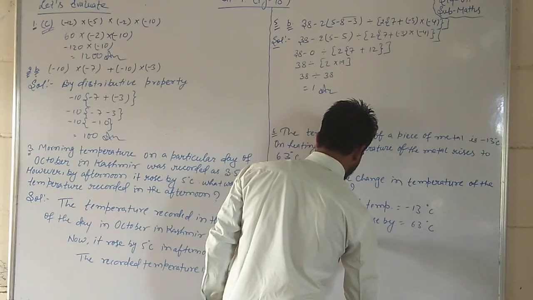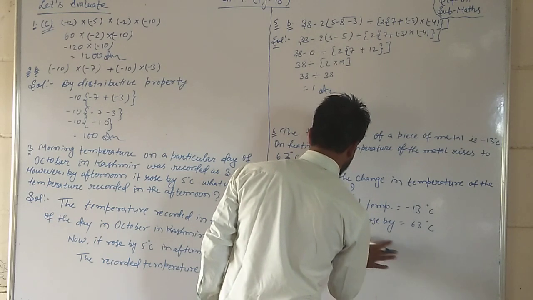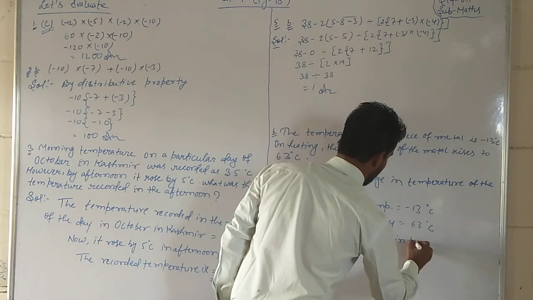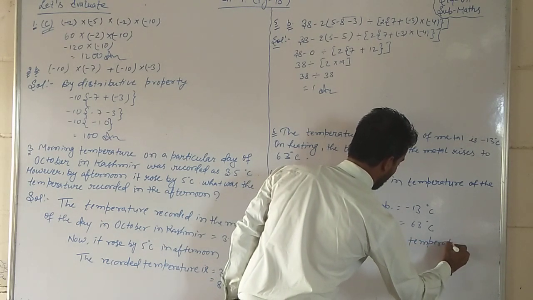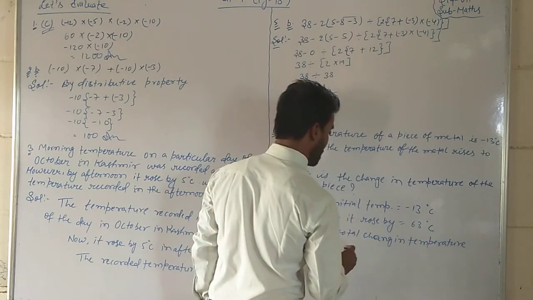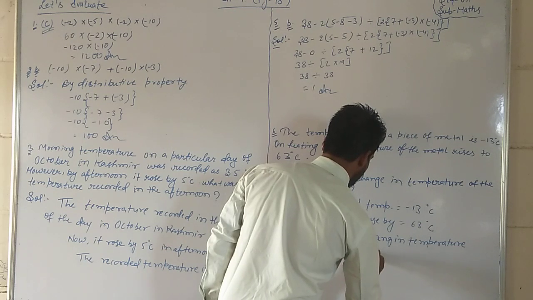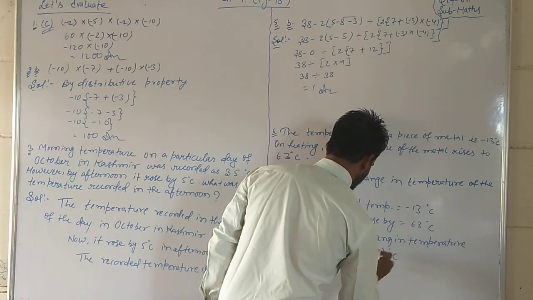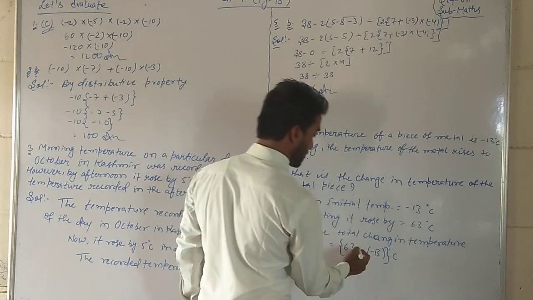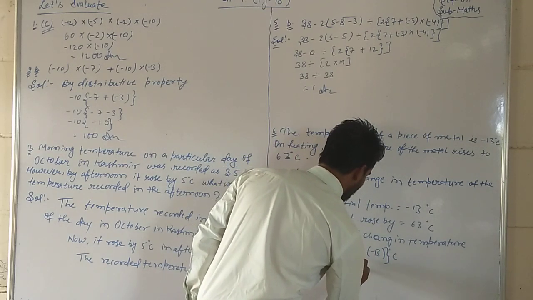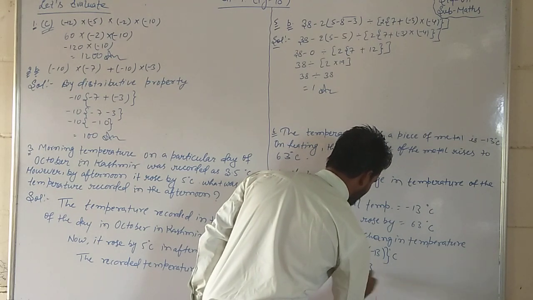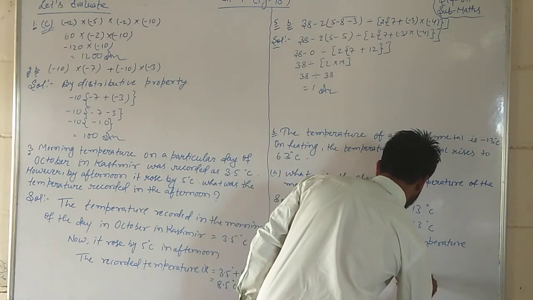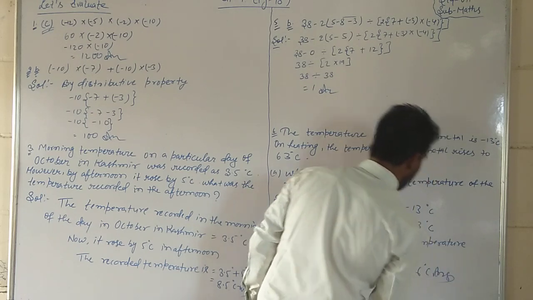The total change in temperature is equal to the final temperature minus the initial temperature: 63 degrees minus minus 13 degrees centigrade, which is 63 plus 13. So 76 degrees centigrade was recorded.